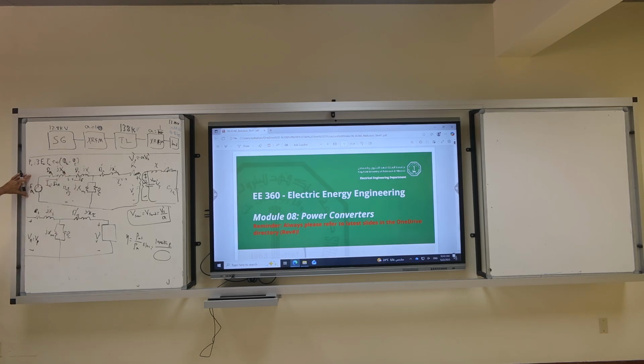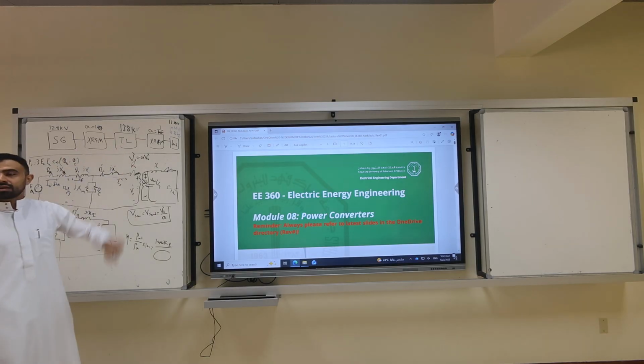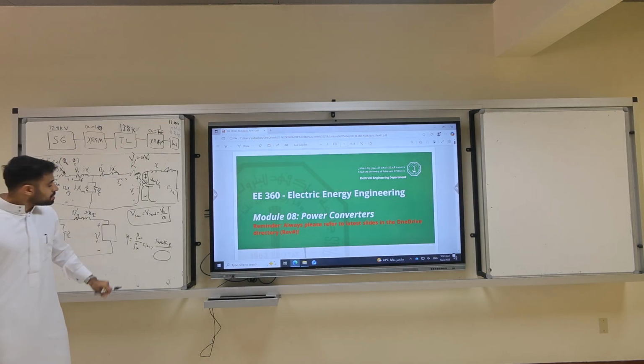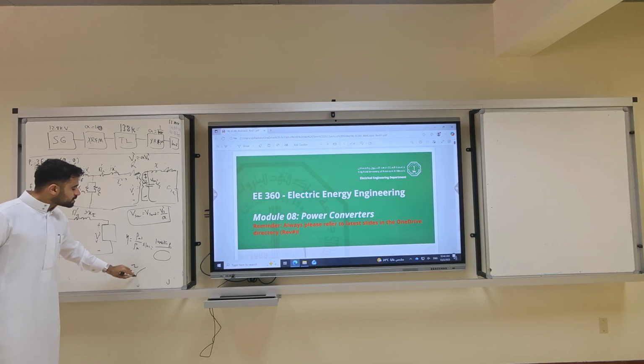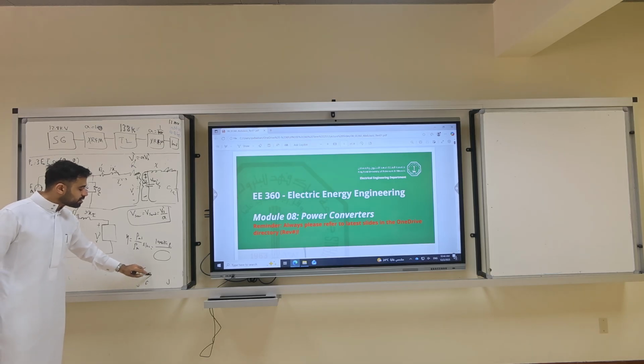The input power of the synchronous generator. Then I can calculate the efficiency. Let's say every stage has 90% efficiency: 90 times 90 times 90 times 90. How much? In the order of 65%.